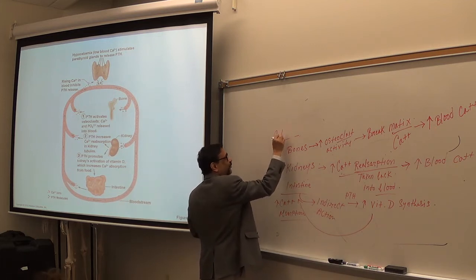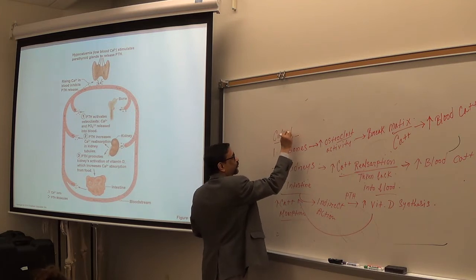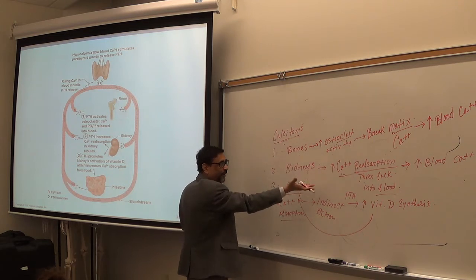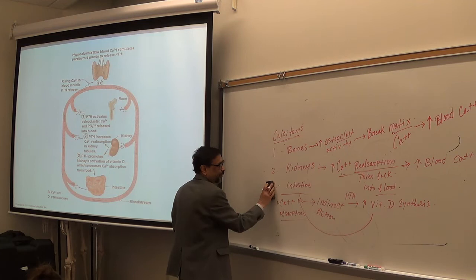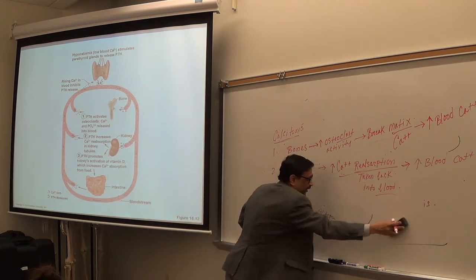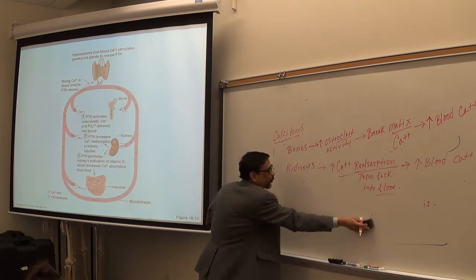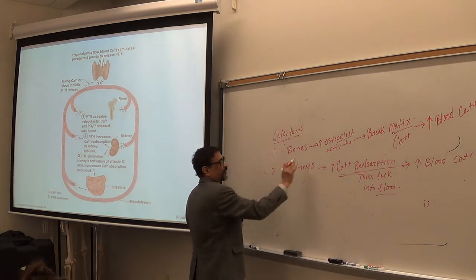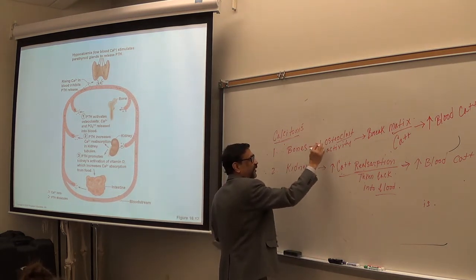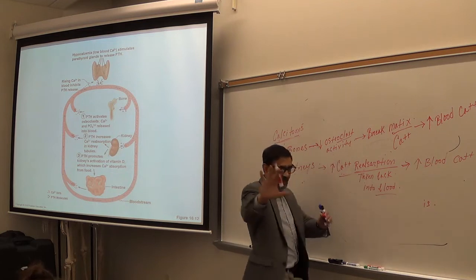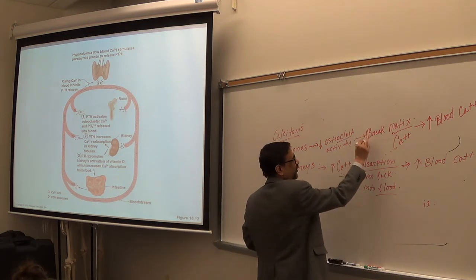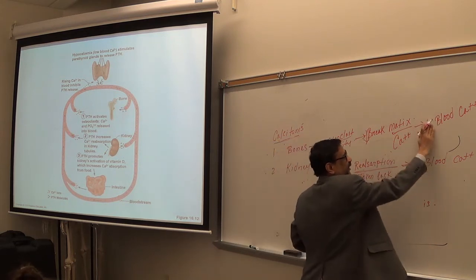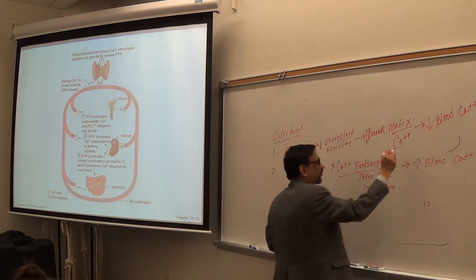Now, we know that calcitonin lowers the calcium. So, just opposite. You see here, if you know the action of parathyroid gland, calcitonin is opposite. Just know that calcitonin does not work on the intestine. Works on these two. So, opposite action: decreases osteoclastic activity. Tell the osteoclast, don't be active, keep quiet. So, decrease break of the matrix, decrease blood calcium.